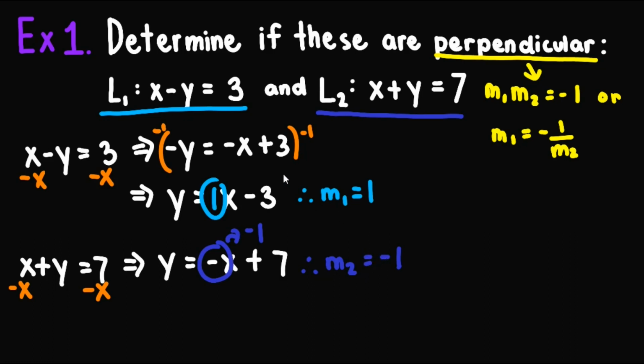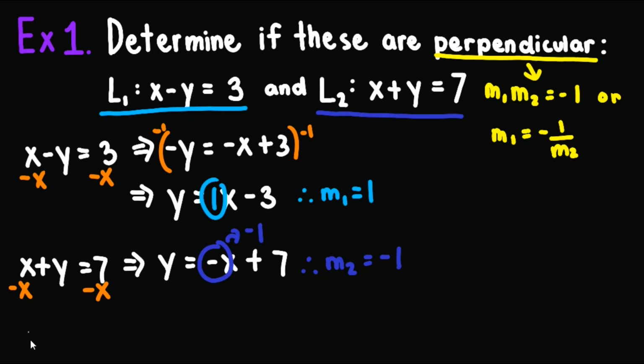Given these two, let's try to check if the conditions for perpendicular is true. But again, you only need to choose one of these two. But I'll showcase both of them so that you'll see that this is valid for both.